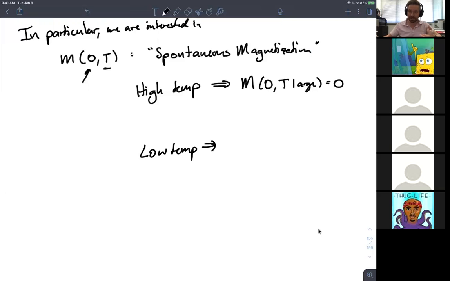So at low temperature, we expect the strength of the spin-spin interaction to overcome the thermal fluctuations, and therefore we would expect the magnetization to be non-zero. High temperature, no magnetization; low temperature, we will have a magnetization.